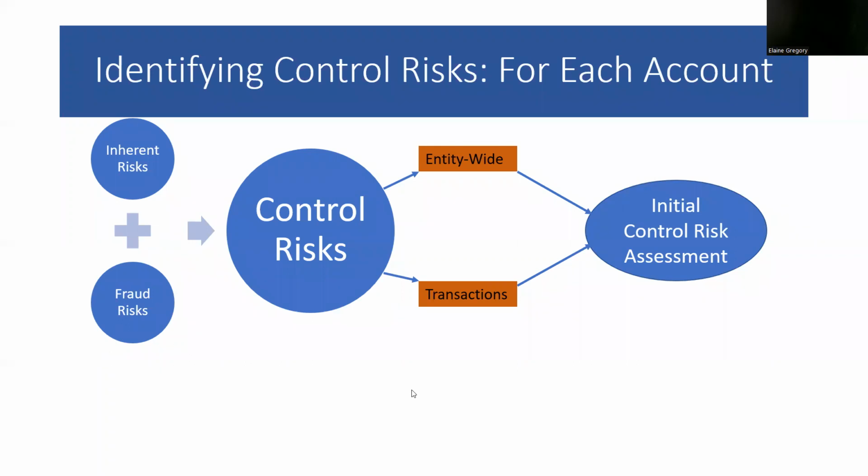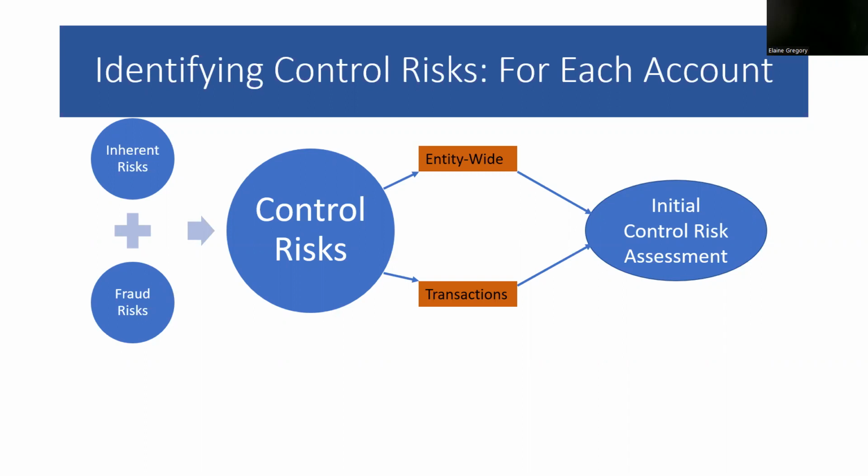Now, when we look at this in the totality, we take the inherent risks and the fraud risks. Those become our control risks. And we look at control risks entity-wide: the tone at the top, policies and procedures, management's influence, and we also look at the transactions going into the system.